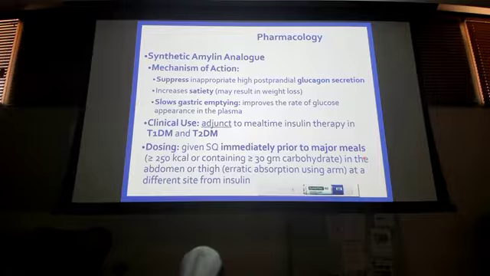So when we give them the synthetic version pramlintide, we're replacing that missing amylin hormone after meals, right? So what it does, it slows gastric emptying, it suppresses post-meal glucagon, it increases satiety, right? And then the result of that is a better control of post-meal blood sugar, and along with that can sometimes be weight loss as well, right?